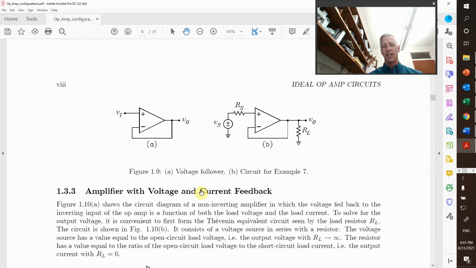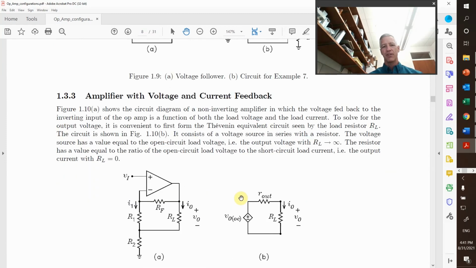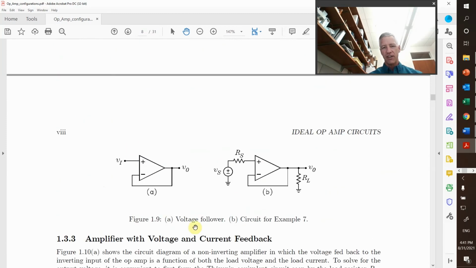Voltage follower is basically just a buffer. So when we look at this configuration here, what ends up happening is that my input resistance is going into one of the terminals, so it has an infinite input impedance, so Rn is equal to infinity, and we get the virtual short.